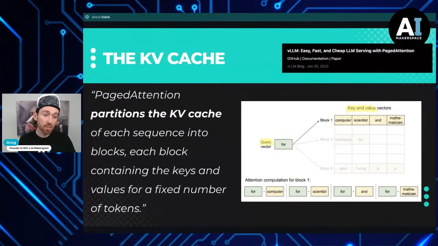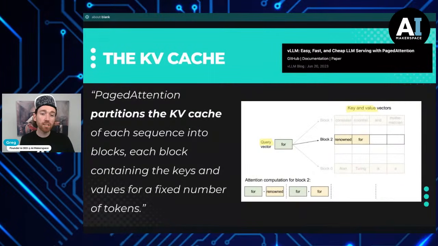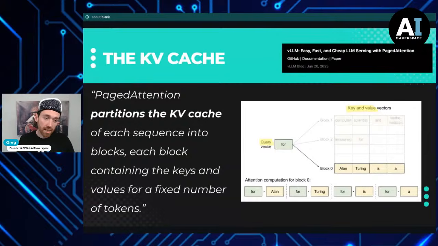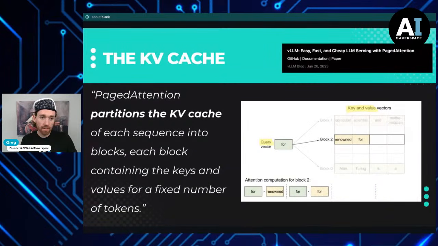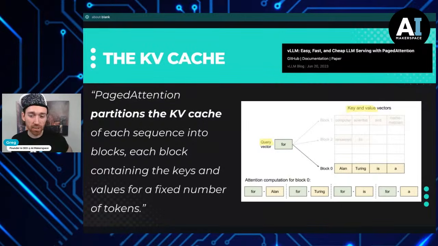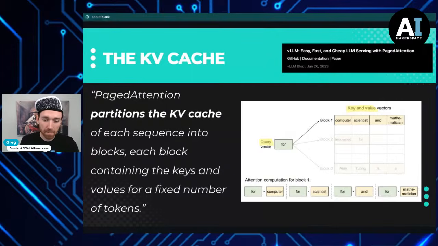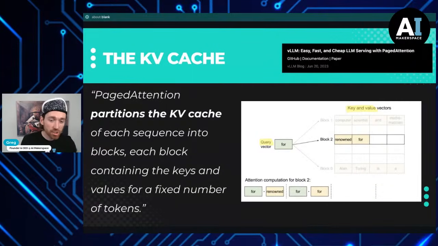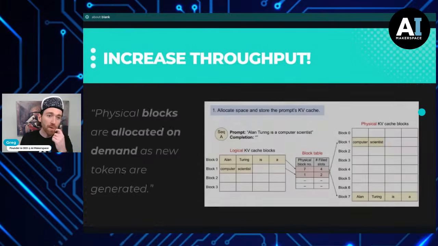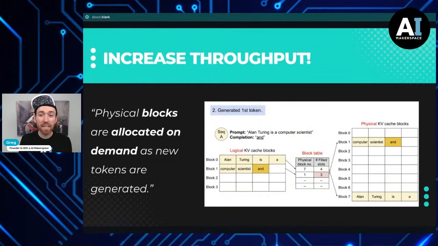It's PagedAttention, because PagedAttention doesn't just cache K and V. It partitions the KV cache in a special way. And so it intelligently caches K and V. By intelligently caching K and V, we can massively increase throughput.